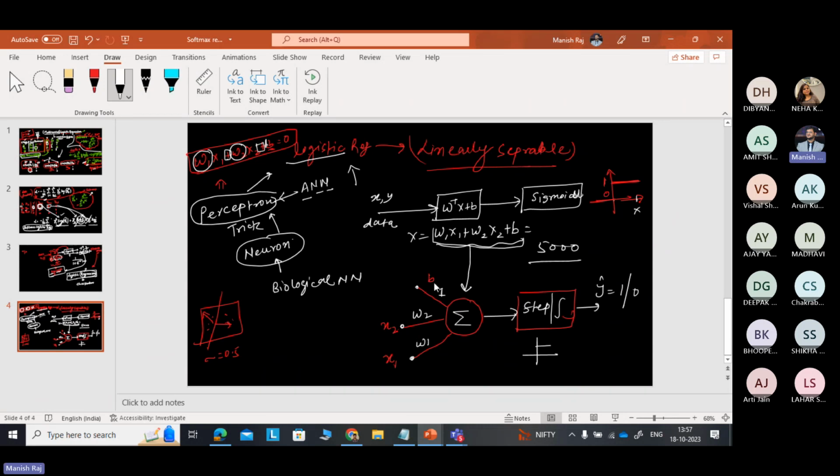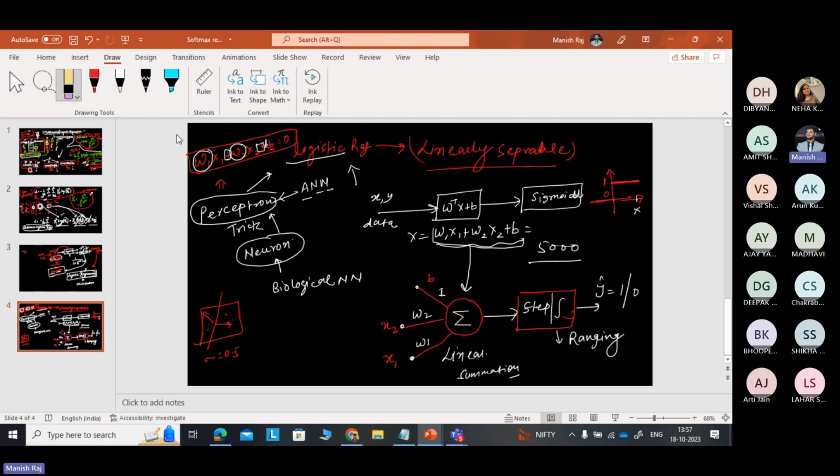Some input you are providing and some linear summation is there. Then you are taking some threshold. So you are ranging the thing. I'm using the word ranging, meaning you are providing some range. Everyone is clear till now?